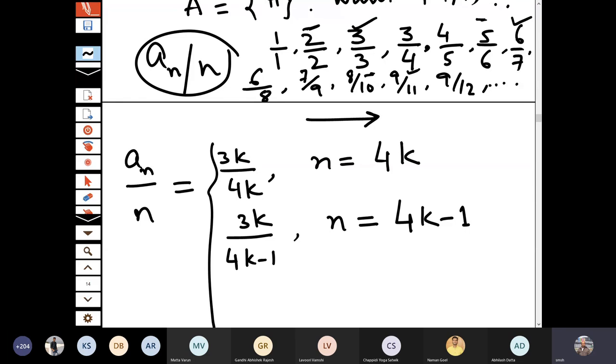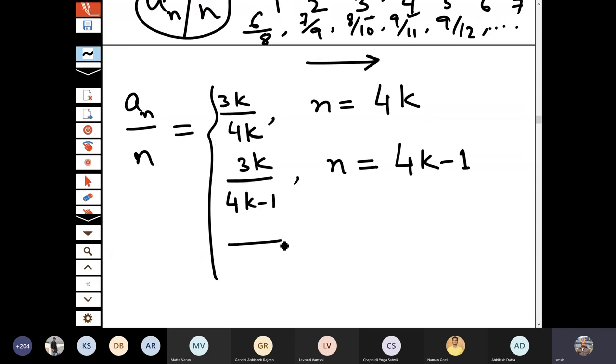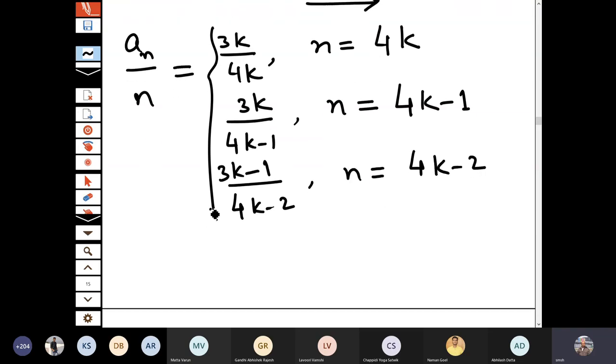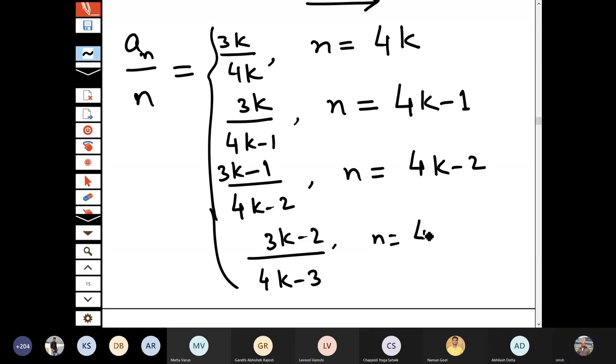It is 3k minus 1 over 4k minus 2, so n is of the form 4k minus 2. And of course, the first one, if it is of the form 4k minus 3, then it is 3k minus 2 over 4k minus 3. This is valid for k equal to 1, 2, and so on.